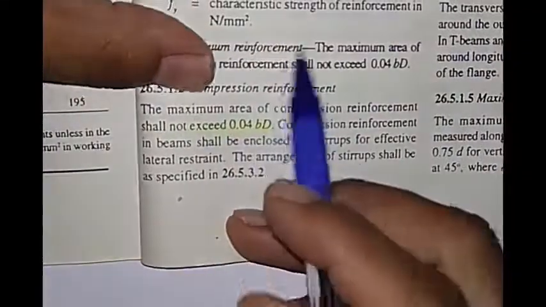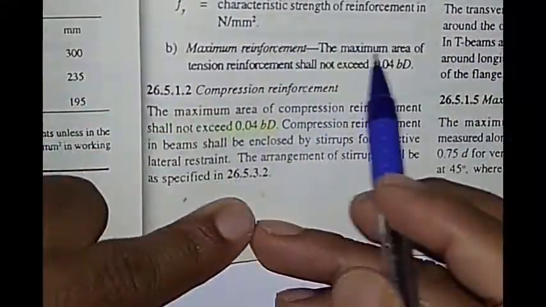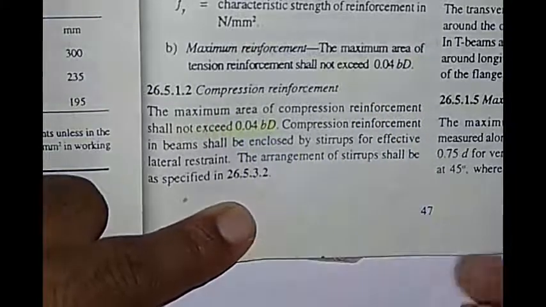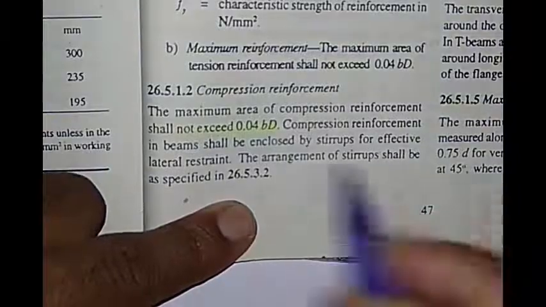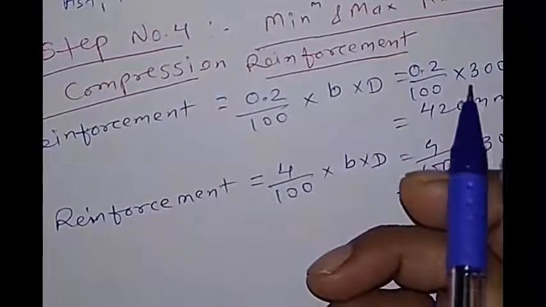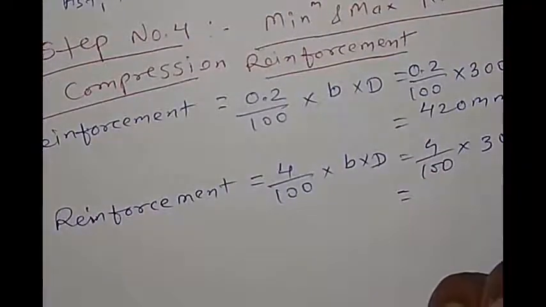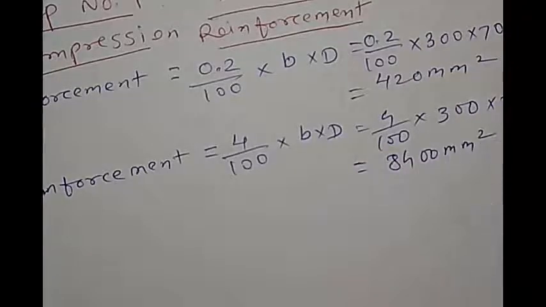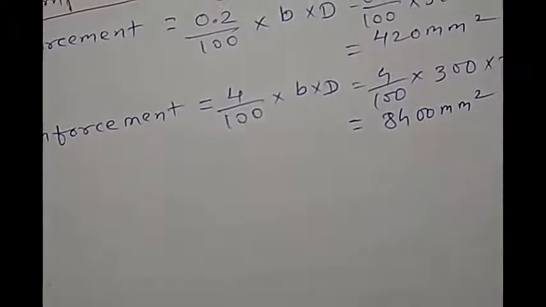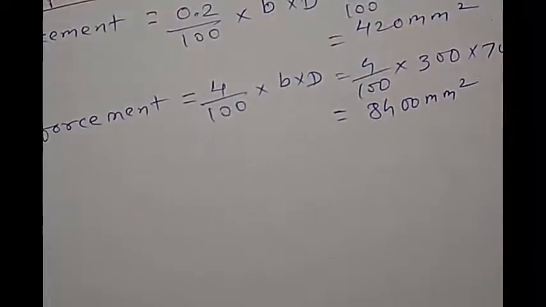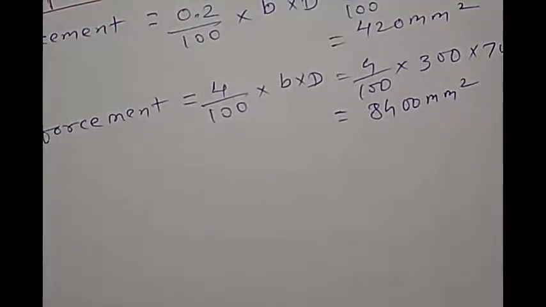So this is the maximum reinforcement, that is in tension, that is 0.04 BD, also compression 0.04 BD. It is on page number 47, clause 26.5.1.2. This is coming out to be around 8400 mm square. And you got the total compression reinforcement of around 865. So that is okay. It is in between minimum and maximum.